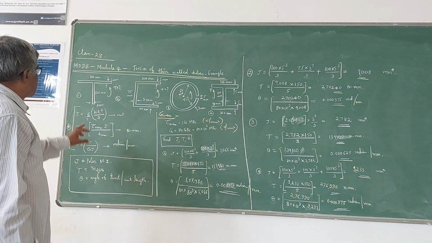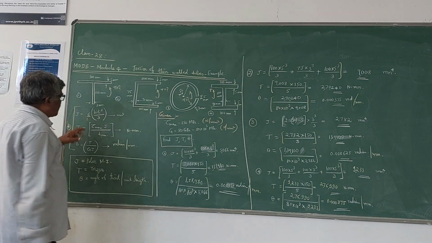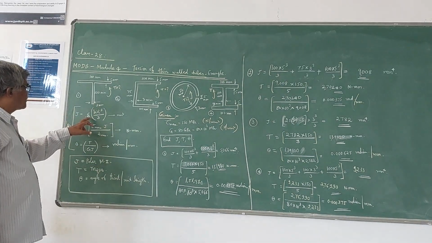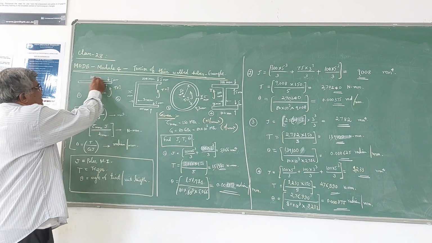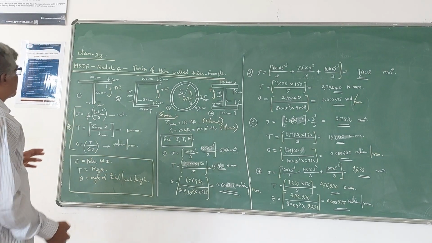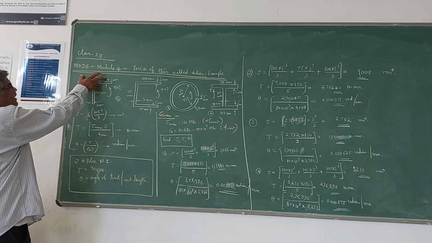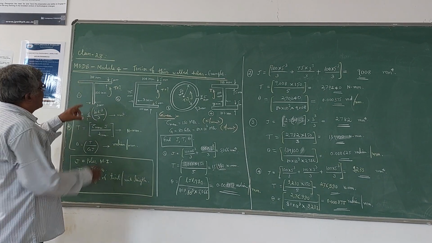First I will take this T section type. Here the formula for finding the polar moment of inertia is summation b_i t_i cube by 3. This T section can be split into 2 rectangles. For the first rectangle b is 100, t is 5. For the second rectangle b is 100, t is 3.